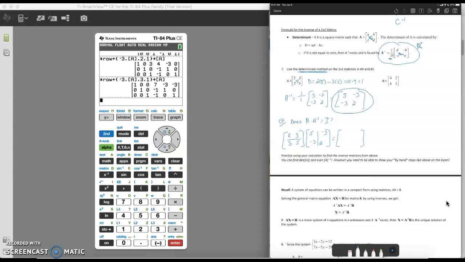So let's see, it would be taking 2 times 5, which is 10, plus 3 times -3, which is -9. Well, 10 minus 9 is 1. And then 3 times 5, which is 15, plus 5 times -3, which is -15, so that would be a 0.